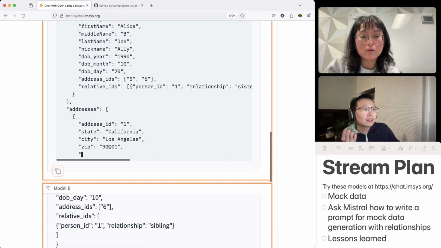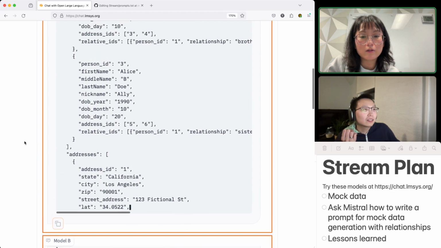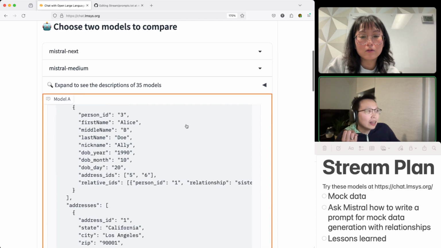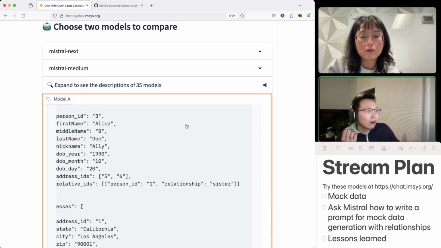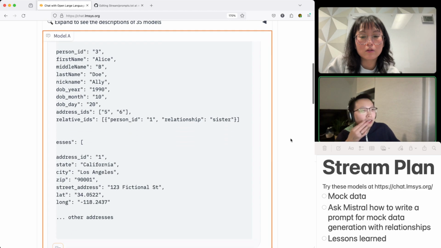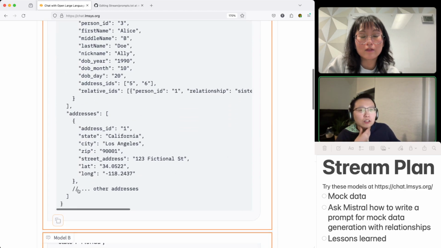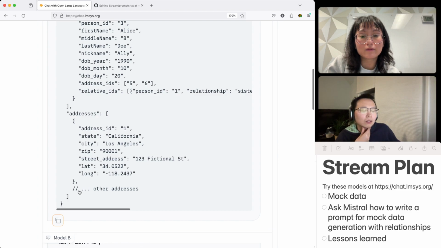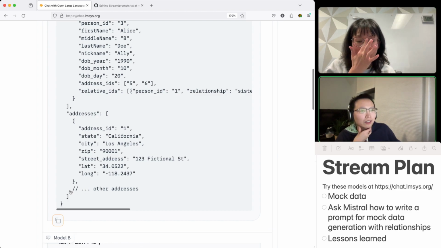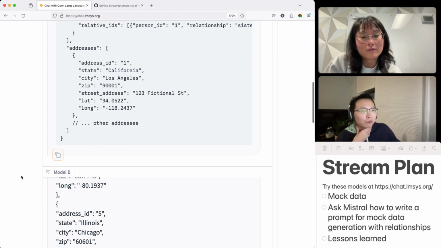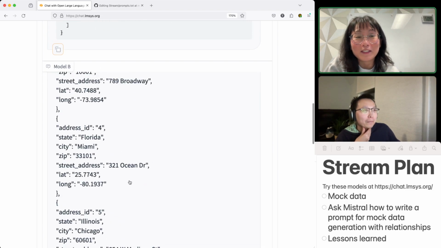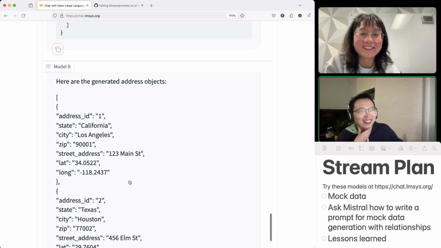Wait, does one have her as a sister? No. Well, hold on a second. I'm not able to scroll, so it might have more. I can't see it. Ah, it's doing this again. I was hoping... I guess changing the temperature doesn't increase its laziness. Lowering the temperature, sorry.